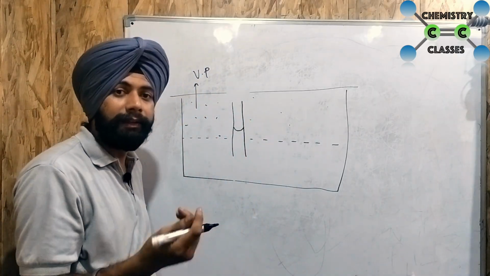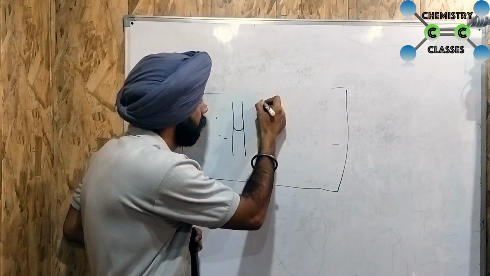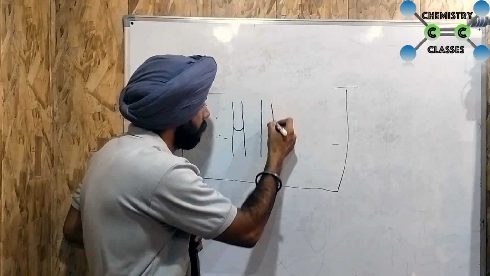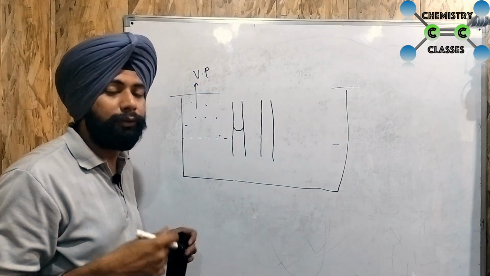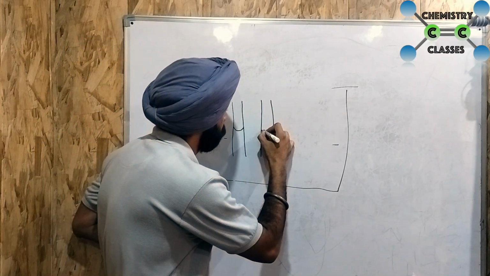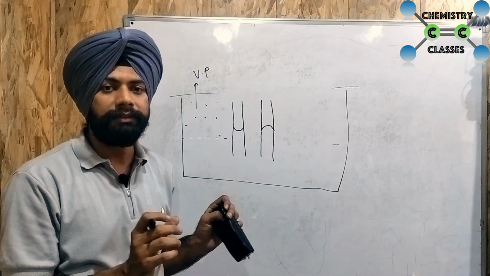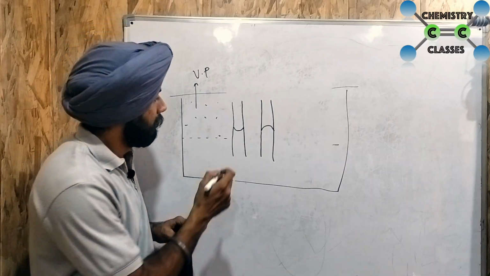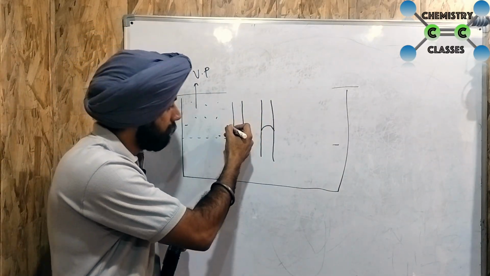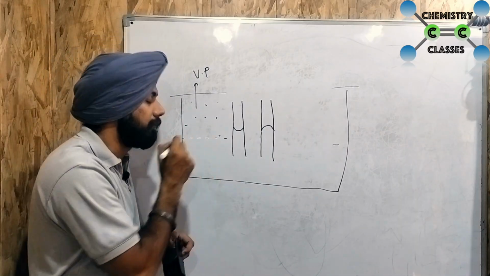There can be certain liquids where the meniscus can be opposite, like they do not attract the glass surface, and the meniscus can be like this. So here is where the importance of Kelvin's equation comes out. This is a curved surface. Whenever we are talking of vapor pressure, we generally talk of flat surfaces.